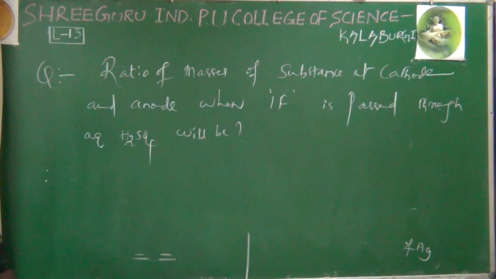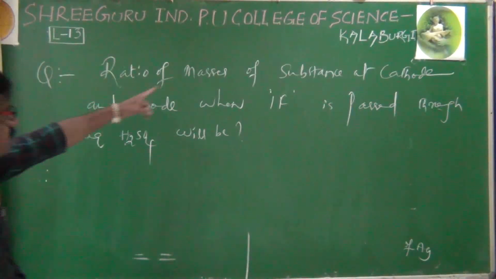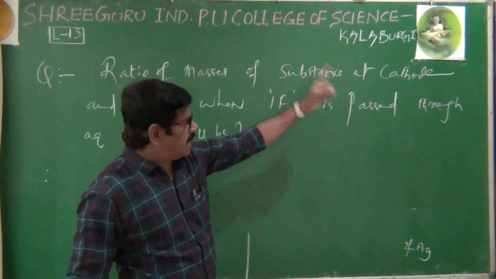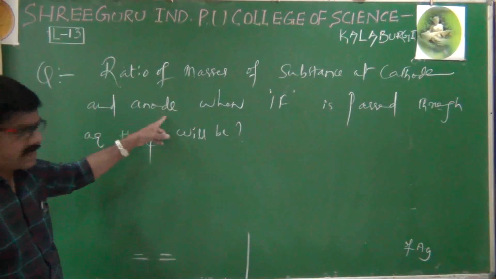That's it. It is asking the ratio of masses of substances at the cathode and anode.